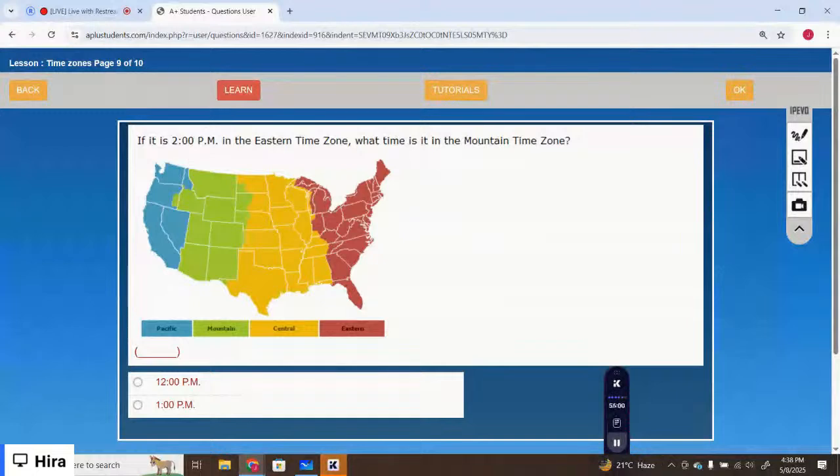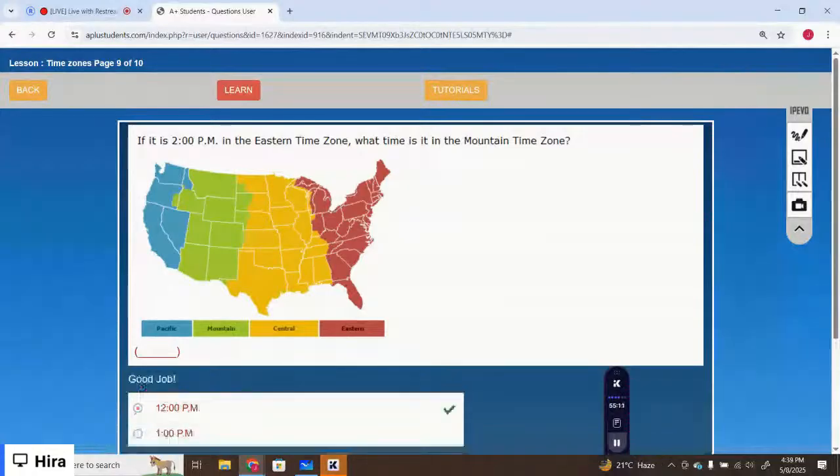So Eastern to mountain, we need to subtract 2. So that would be 12 p.m. Option number one is the correct option.